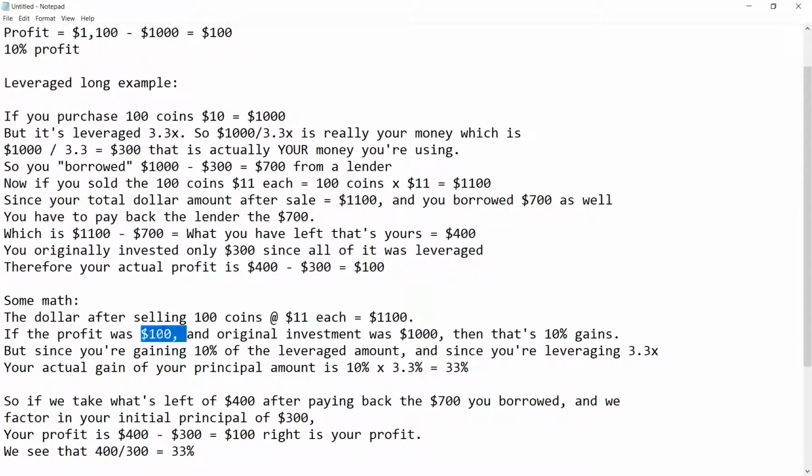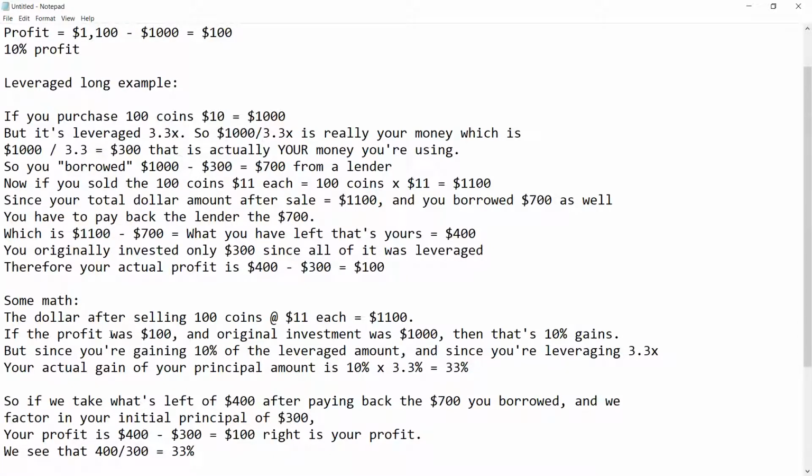Now, if the profit was $100 and the original investment was $1,000, then that's clearly a 10% gain, right? Because you had a $1,000 margin trading balance. Now you're selling it at $11, so now you have $1,100. That's a 10% gain, right?